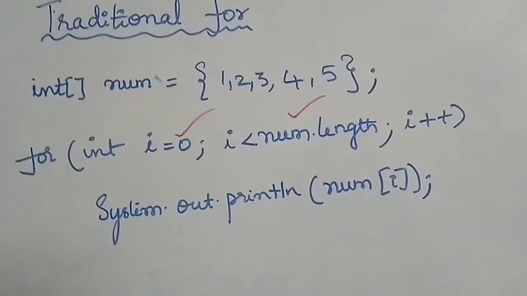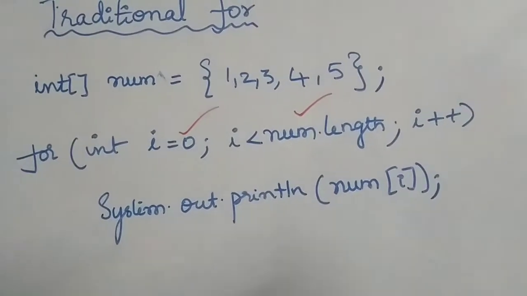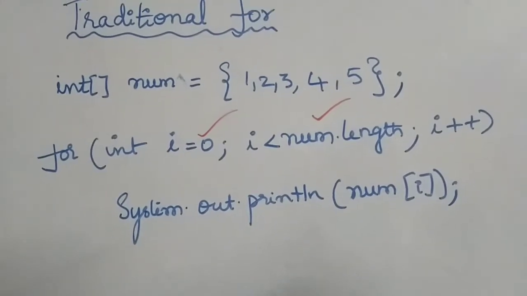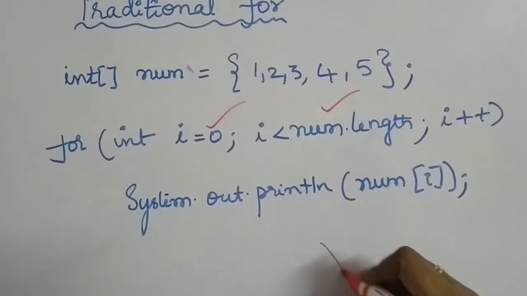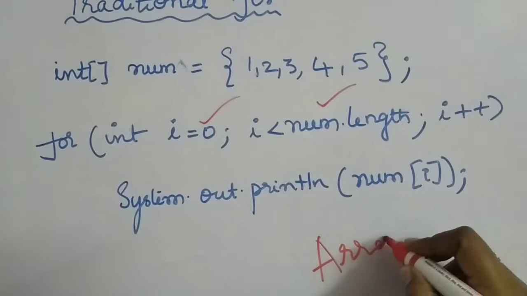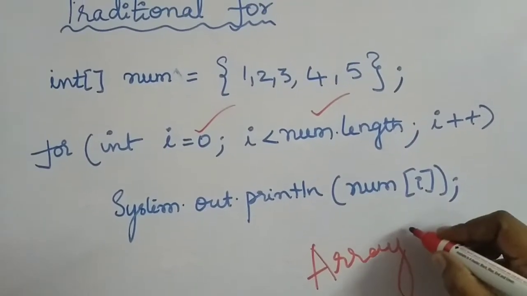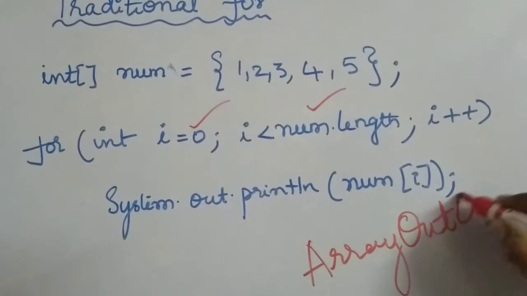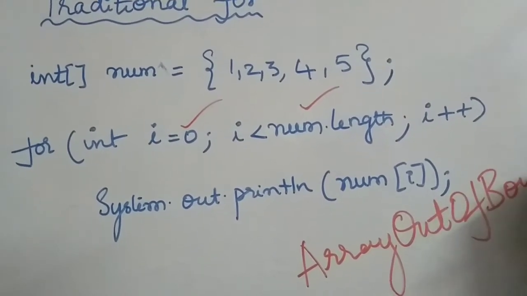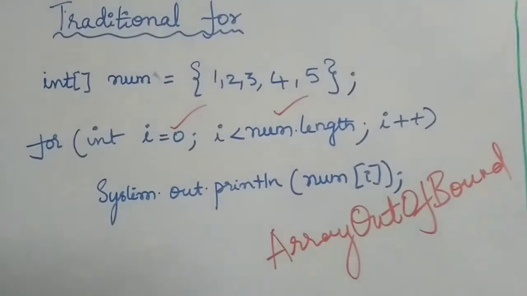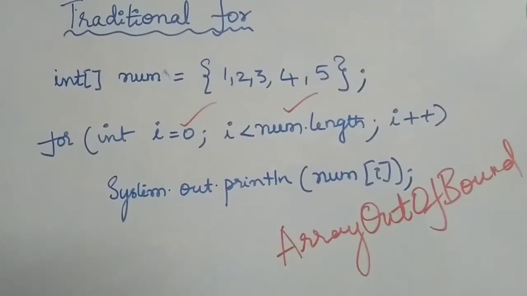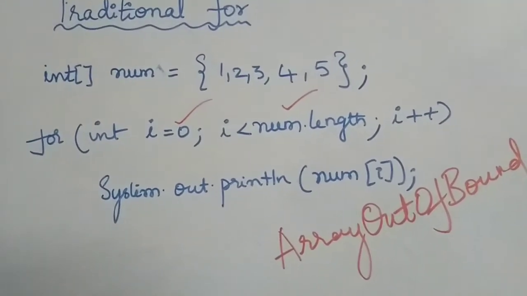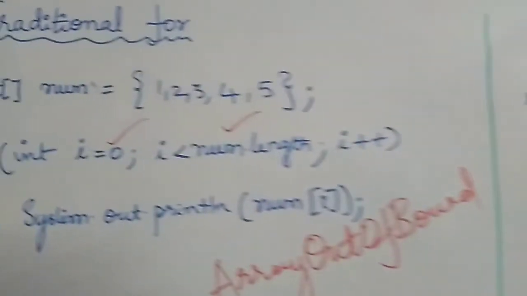If you go beyond the specified range of an array, you will get an exception, which is array index out of bounds. This is the most common exception that will arise, and we are avoiding such exceptions in for each.